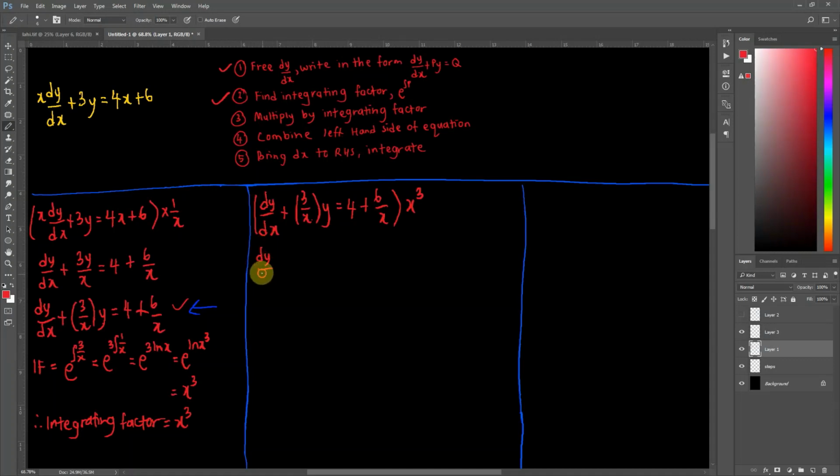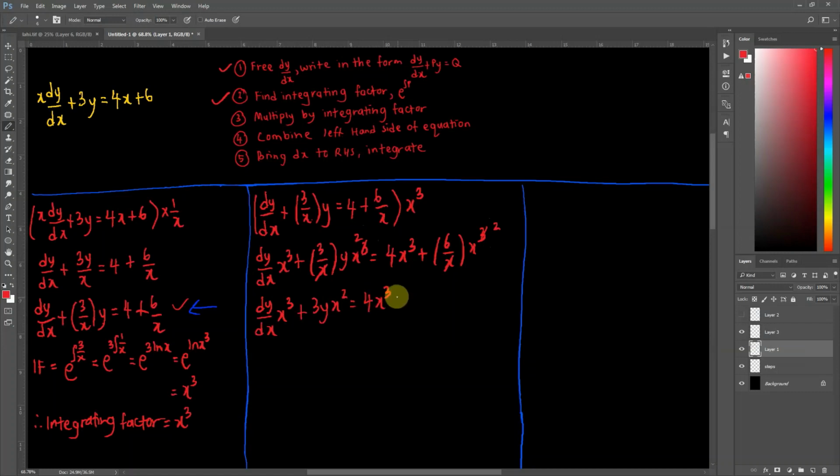So ni akan jadi dy dx x cube plus 3 over x y x cube equals to 4x cube plus 6 over x cube. So ni cancel, tinggal 2, ni cancel also tinggal 2. So this is dy dx x cube plus 3y x square equals to 4x cube plus 6x square.